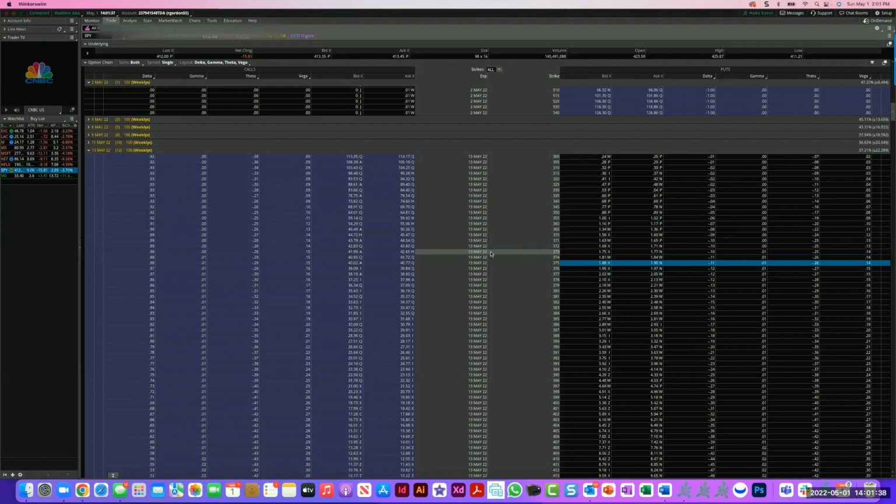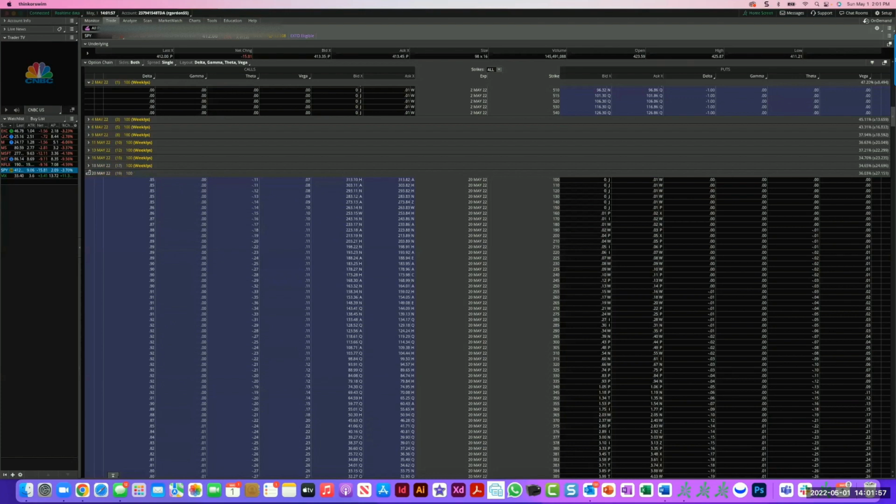Now that's obviously way outside the money, but we're trading with a small account. And it may very well be that we buy that and then sell it as a day trade. Or if for some reason we have to, we could then swing it.